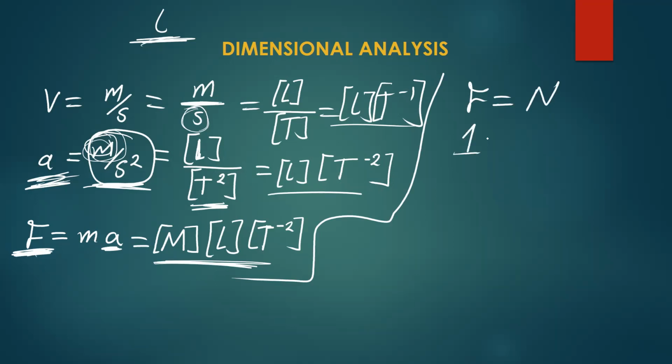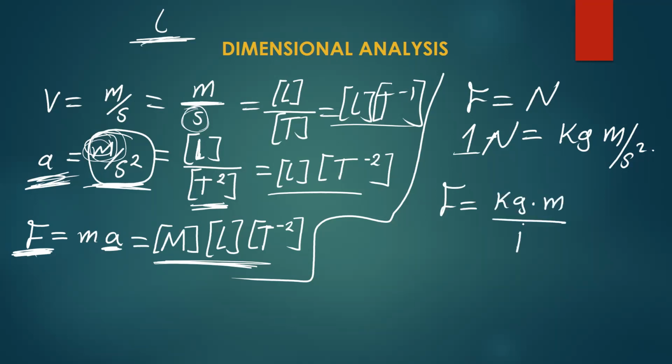And 1 newton is simply just equal to 1 kg meters per second squared. So now force is therefore going to be equal to, so we know that this can be written as kg times the mass, everything over the time squared, the second squared.